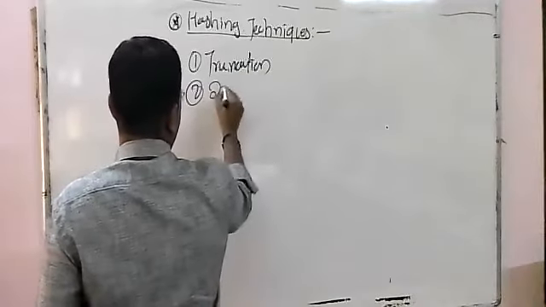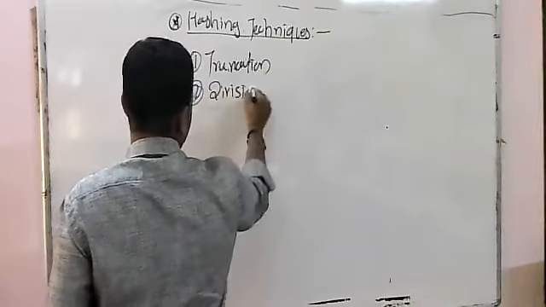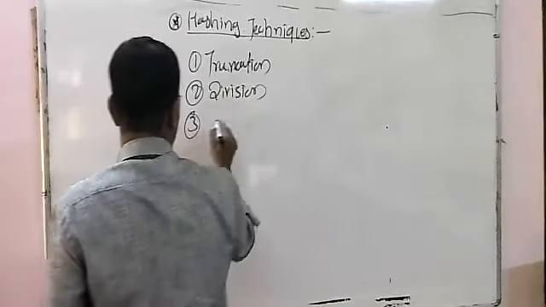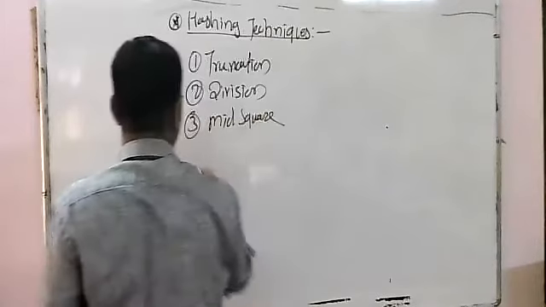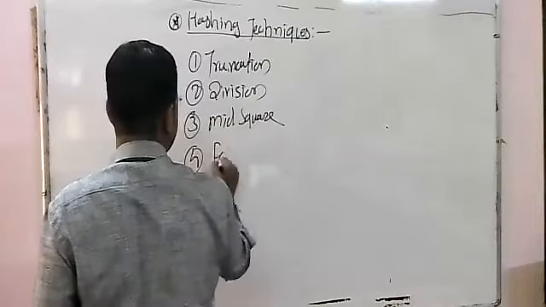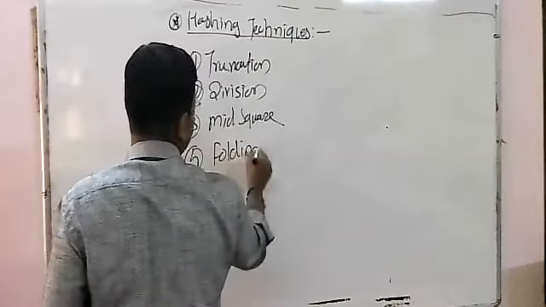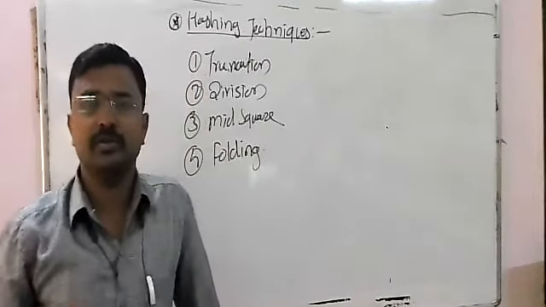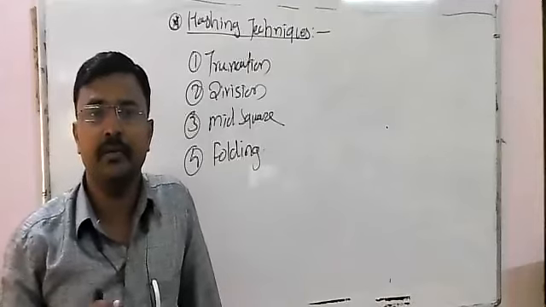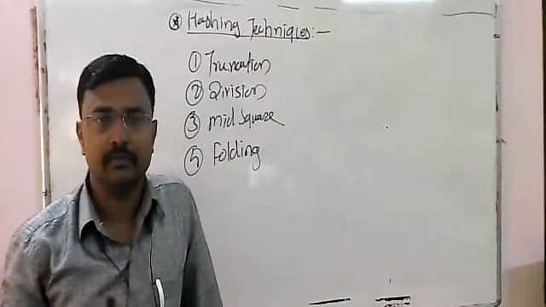Second, division. Third one, mid square. And the fourth one is folding. So these are some techniques that are used to store the data into your hash table.